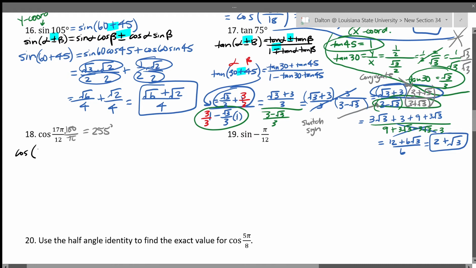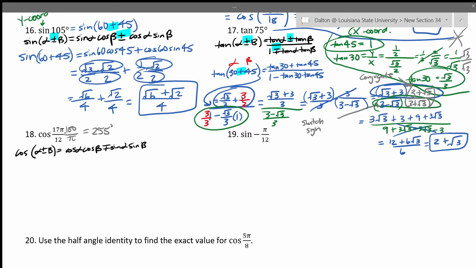So that's going to be the cosine of alpha plus or minus beta, which is going to be the cosine of alpha, cosine beta, minus plus sine alpha, sine beta. So 255, I need to break up into two numbers that I know that are on the unit circle to be able to help me plug into the identity and solve for the exact value.